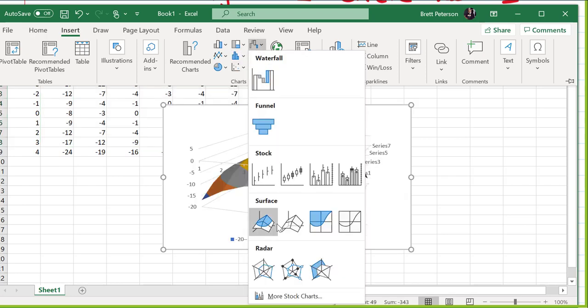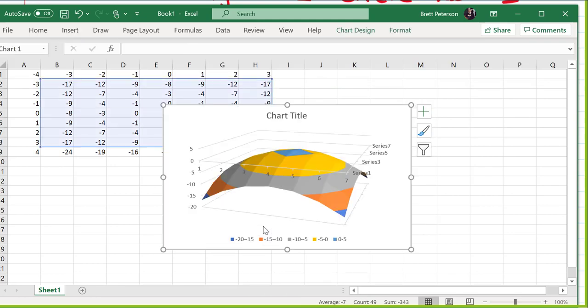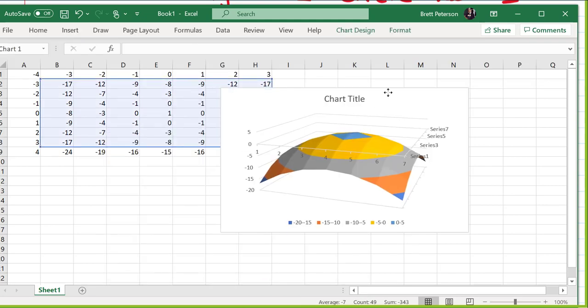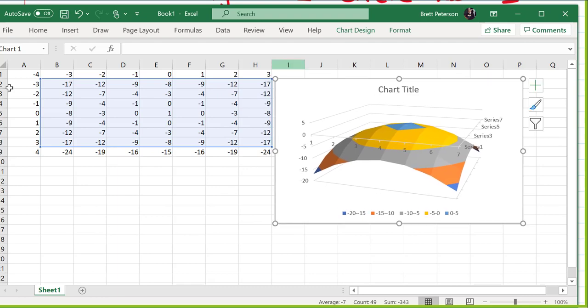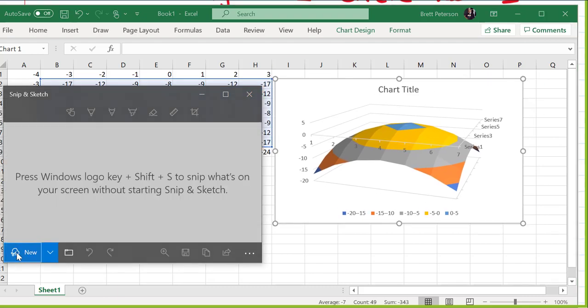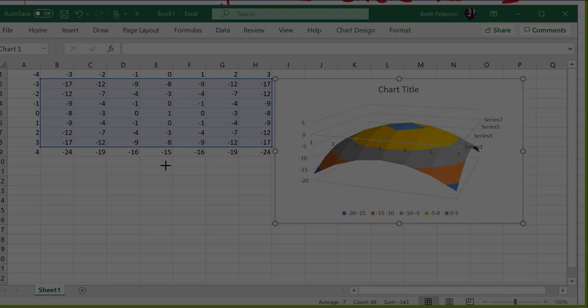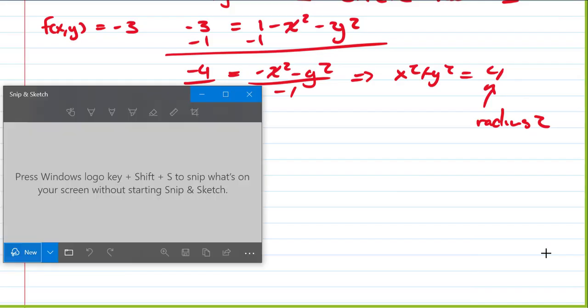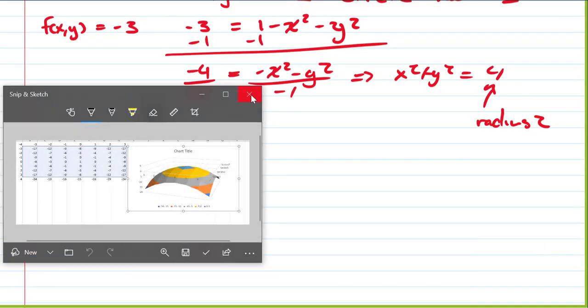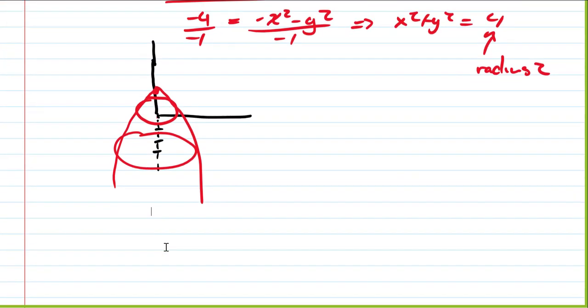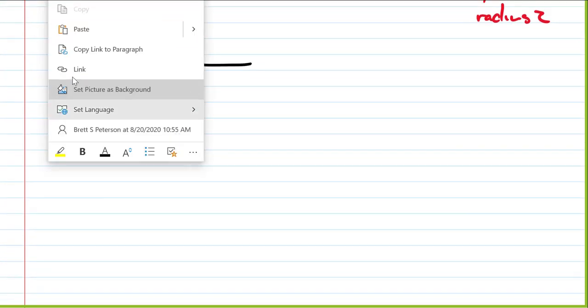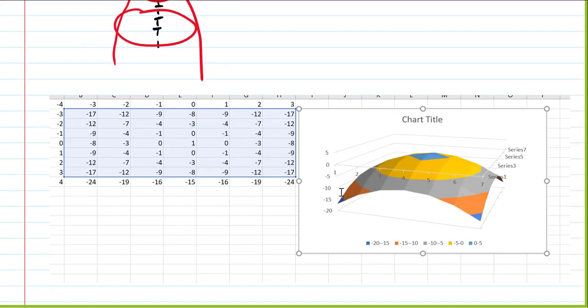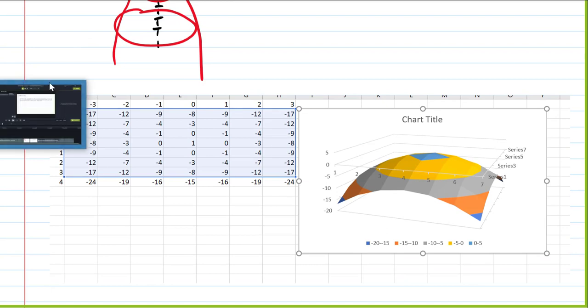There we go, surface. And we see we get that same type picture that we talked about last time. And that would give us also other ways to figure out what the values of our functions are.